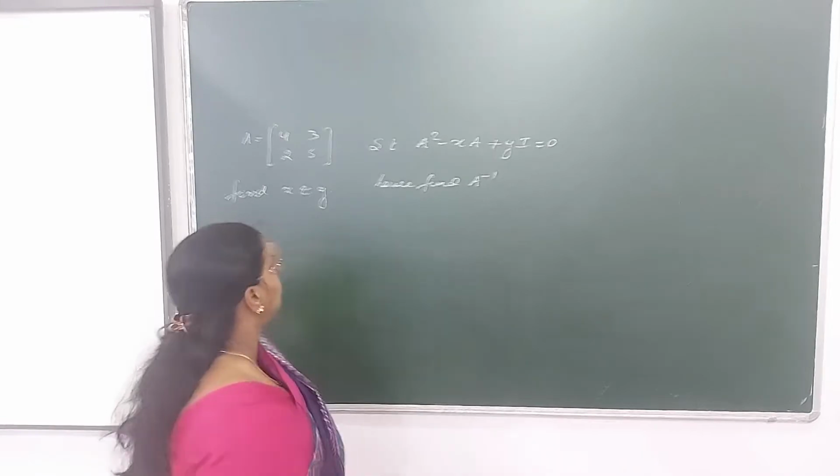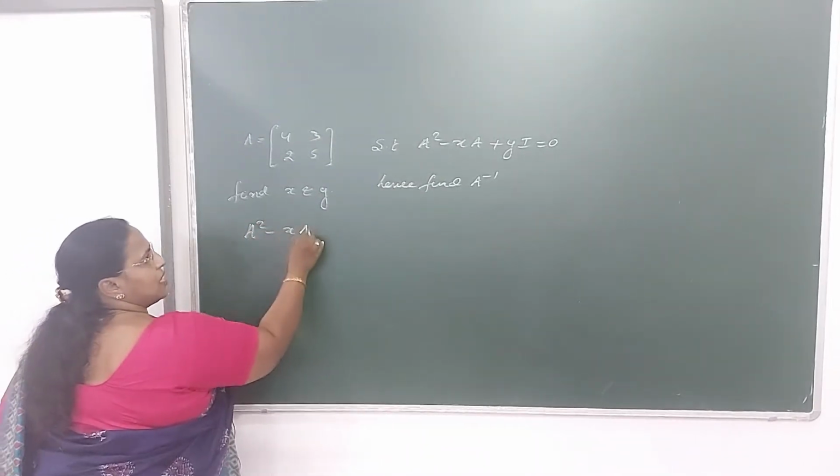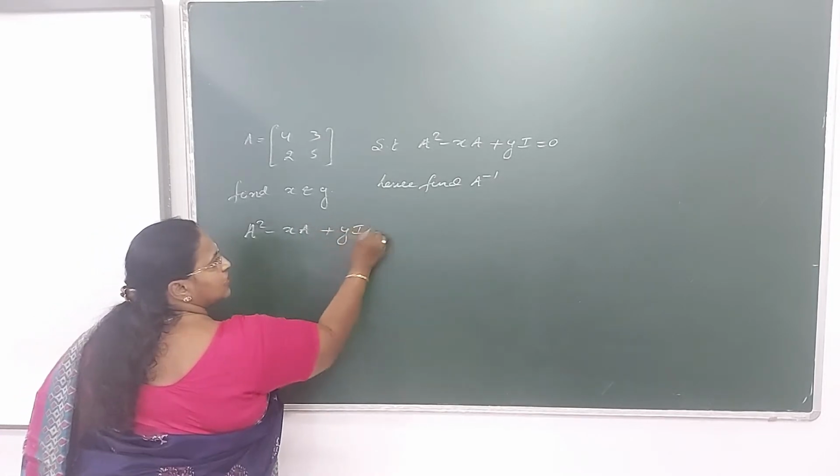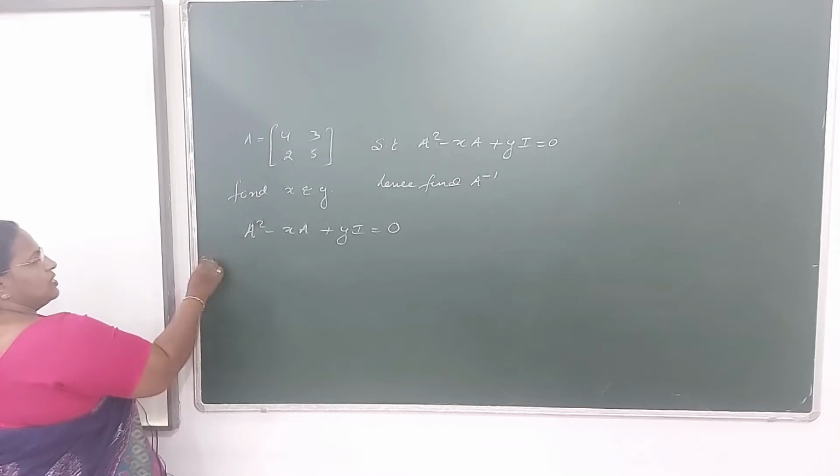So let us start. Here A square minus x times A plus y times I is given as a null matrix. Substitute the value.